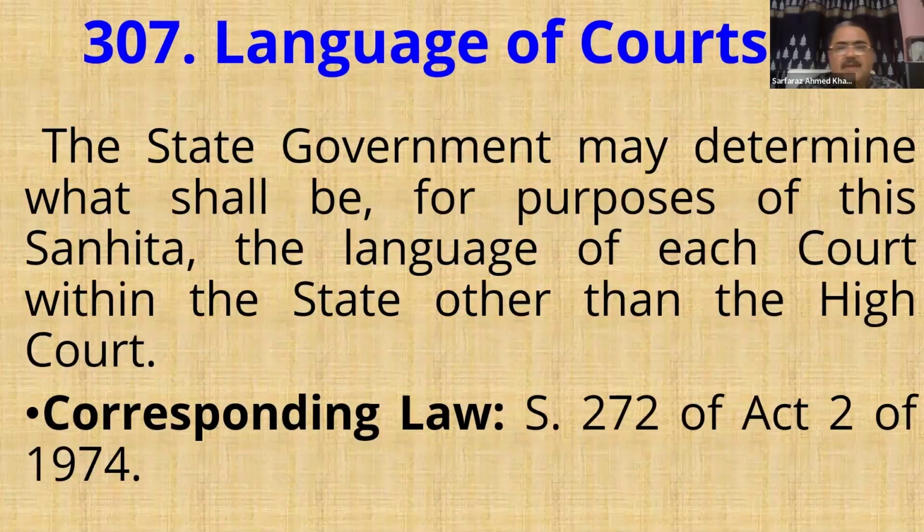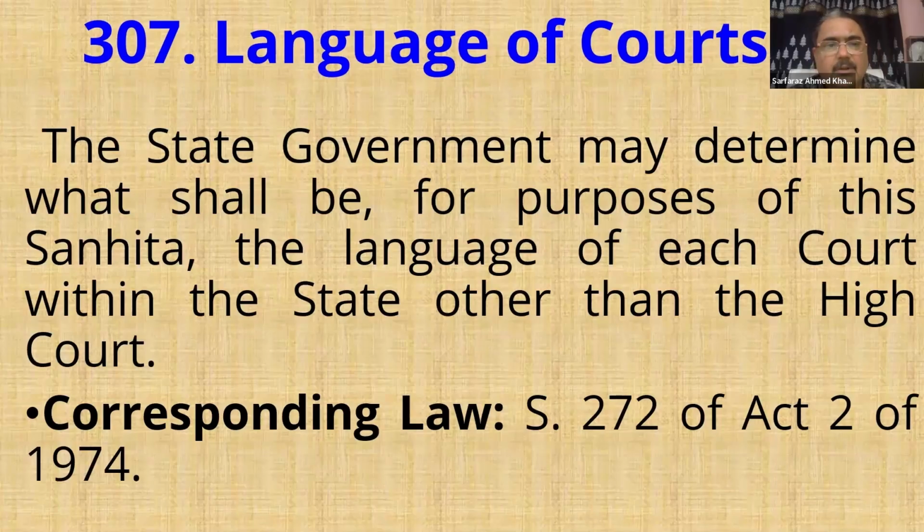So 307, language of the court. We know every state determines the local language of the court. Remember, in most places in India, the local courts or lower courts are conducted in the local languages, and those are the language of the court, or multiple languages, like it can be Bengali, Hindi, English.